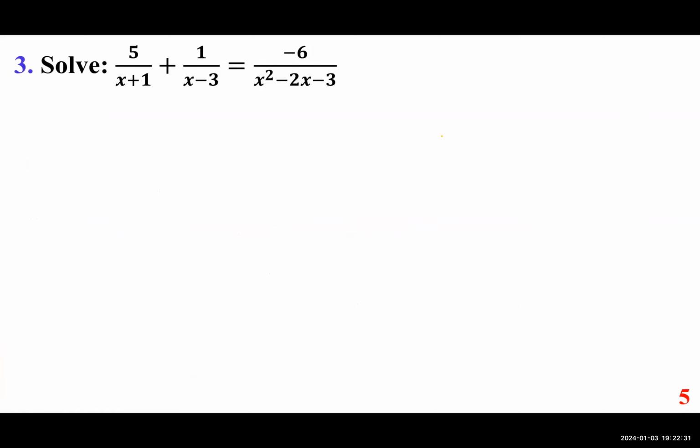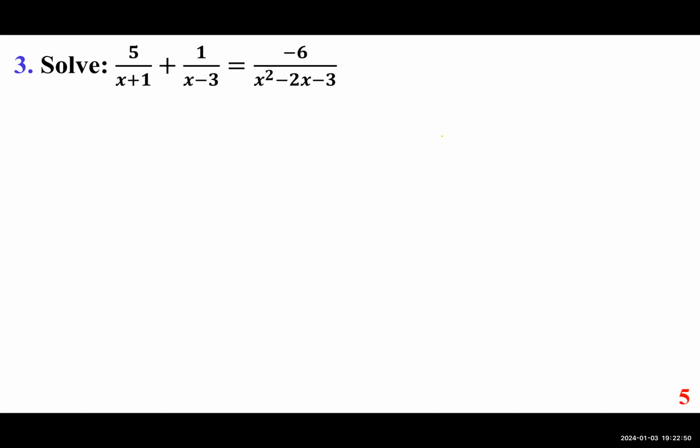All right. We want to solve this. And the best course of action is to multiply both sides by the LCD, the least common denominator.